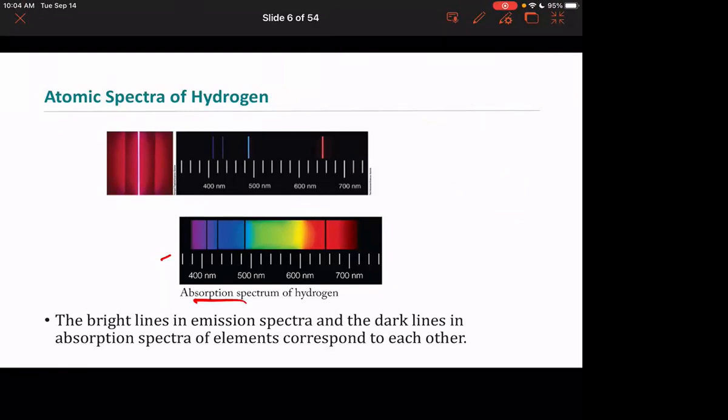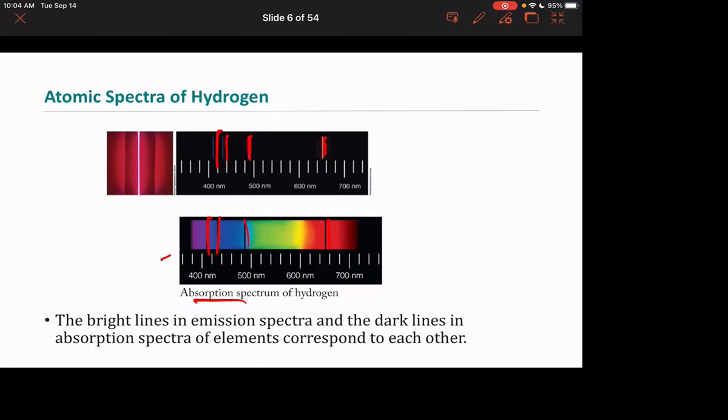And when it goes from an excited state and relaxes, similar to what you do when you get home after listening to my lectures and pass out on the couch, it gives off energy, right? The energy it gives off is exactly the same as the energy that it would absorb for an absorption spectrum.